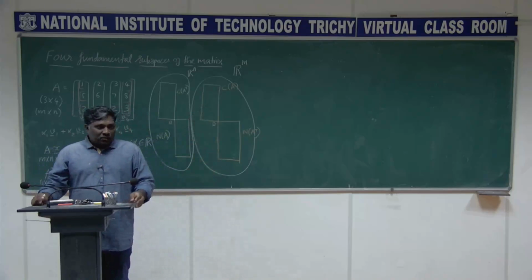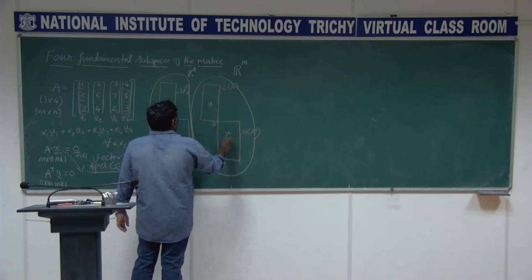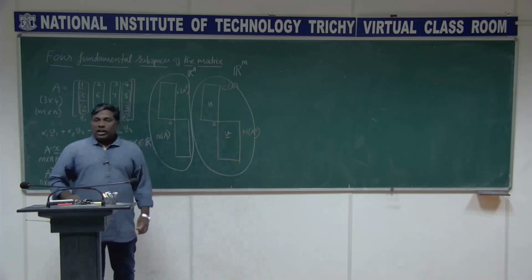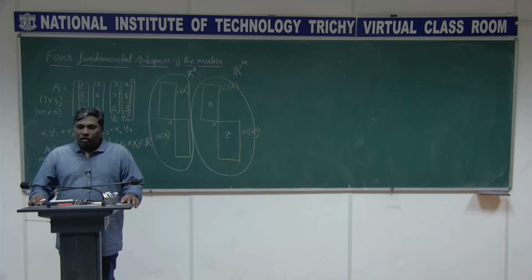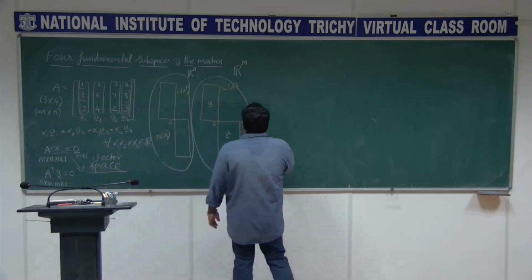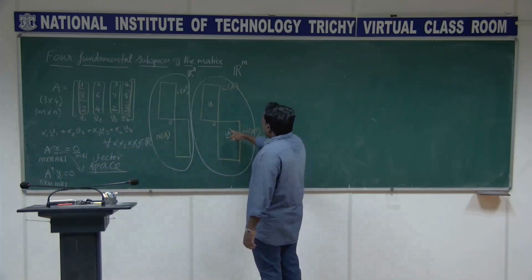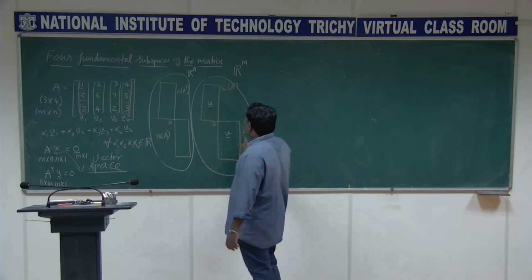They are orthogonal subspaces. It means that if I have a vector u in this and if I have a vector v in this, then u transpose v, the dot product, if I do, that is going to end up with what? 0. They are orthogonal subspaces. So see, for example, you consider column space of A is going to be u here, right?